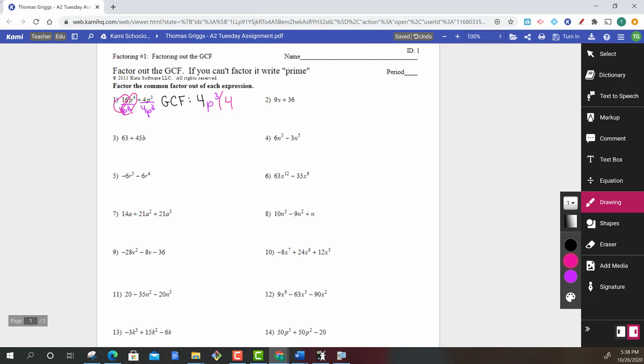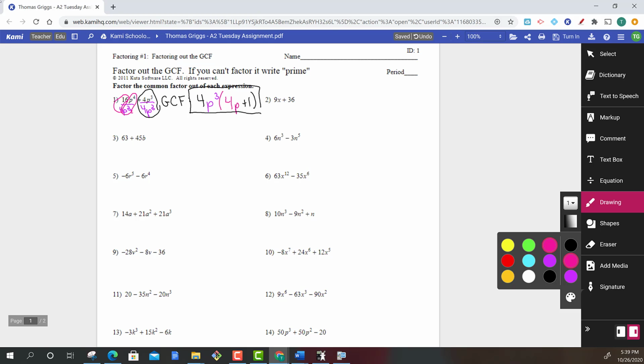P to the fourth divided by p to the third is p to the first. And then the second division problem, you're dividing 4p to the third by itself. Of course, if you divide anything by itself, you get 1. So this is your answer. The 4p to the third is the greatest common factor. The 4p plus 1 is what's left over.